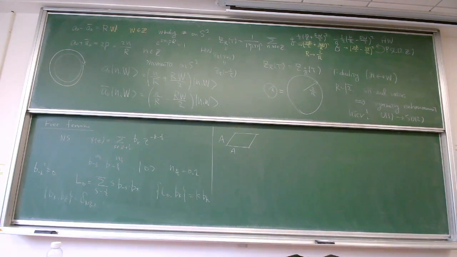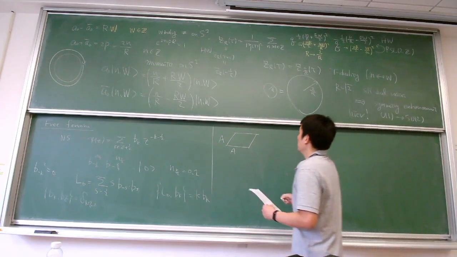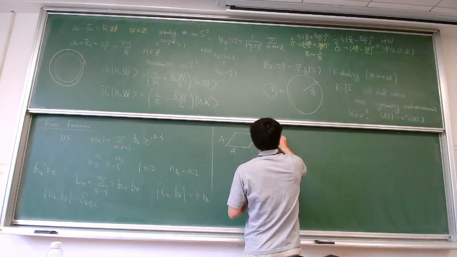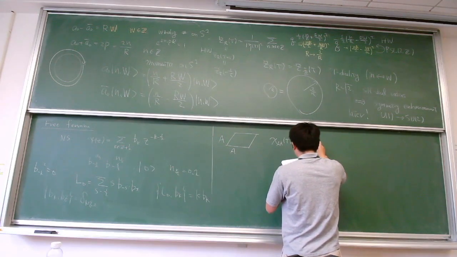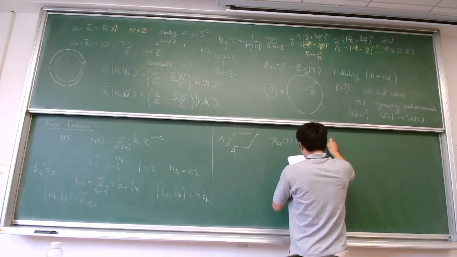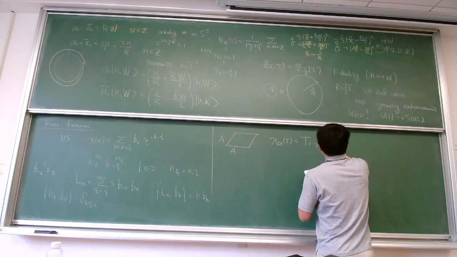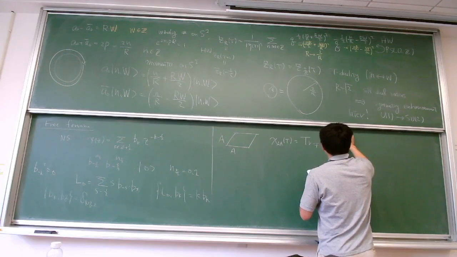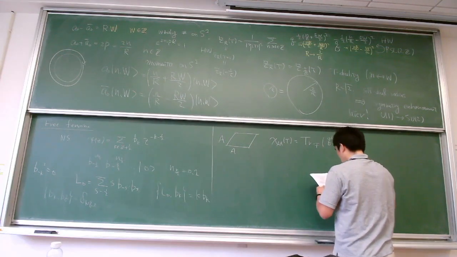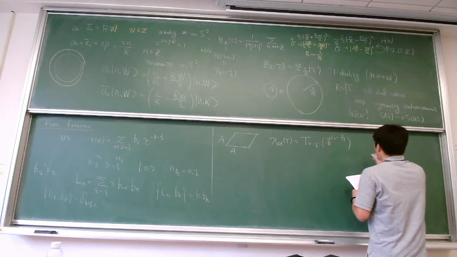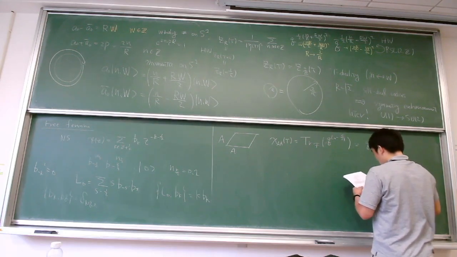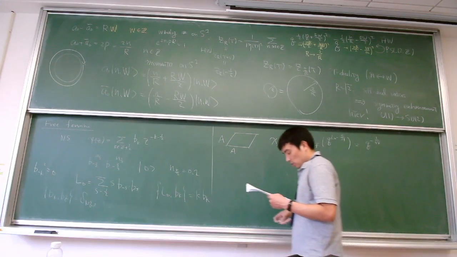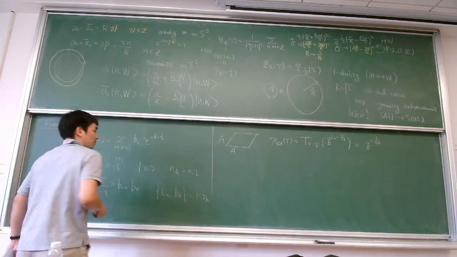Then the character, I call it AA of tau, can be another trace over the fermion Hilbert space F, of q to the L0 minus c over 24.